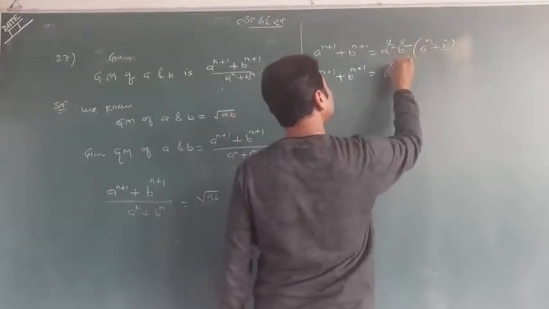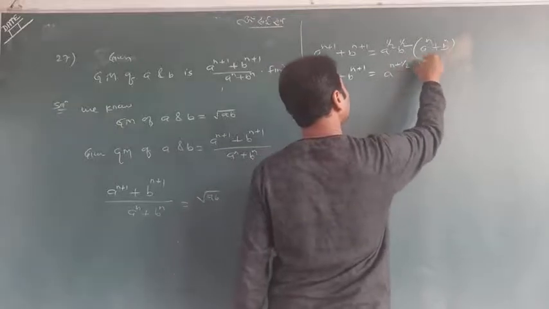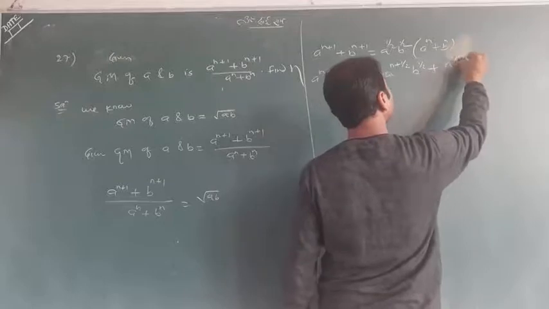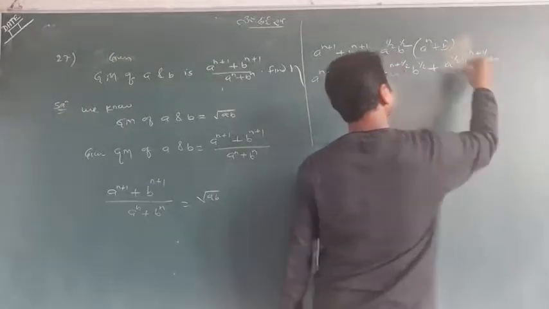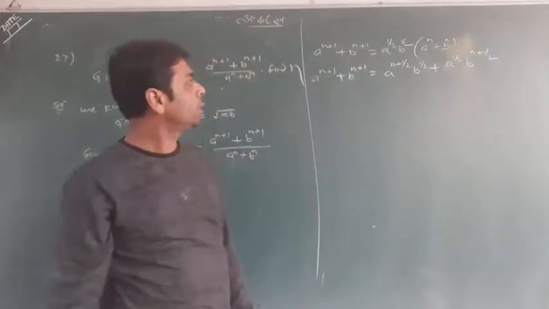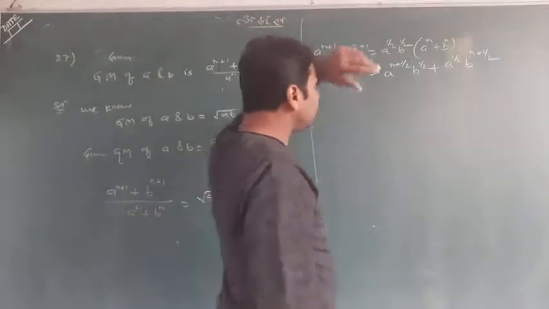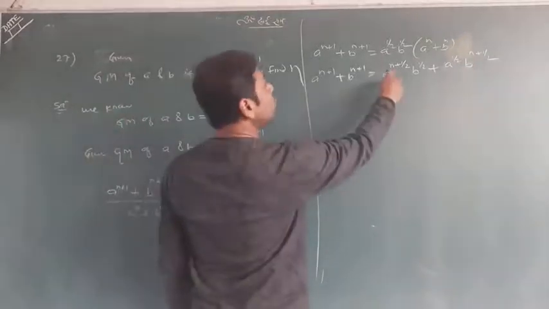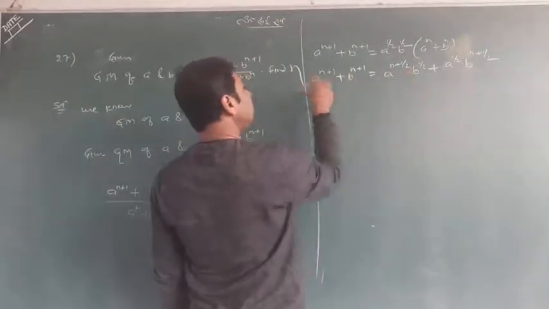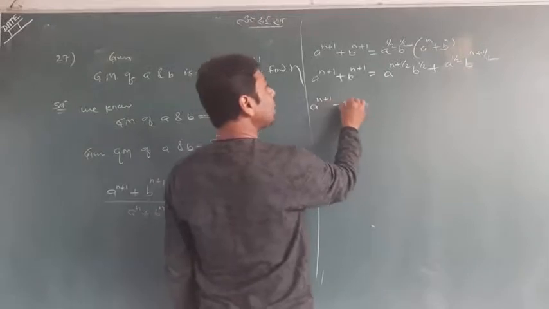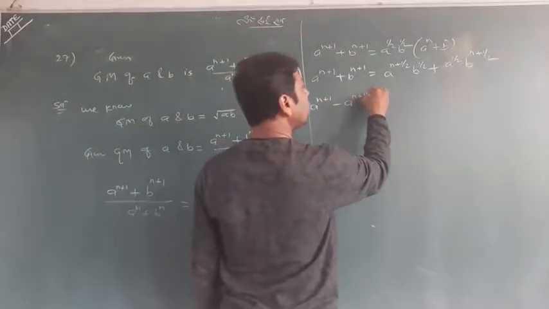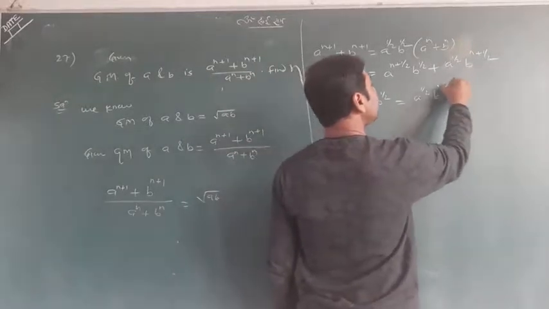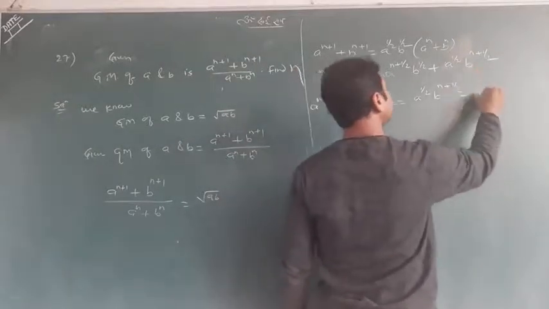It's going to be n plus half, b to the power half, and these two again, a to the power half and b to the power n plus half. You know, base was same, power will add. Now I will transfer this term right here, a to the power n plus 1 minus a to the power n plus 1, sorry, half b to the power, and I'll write this term minus this.